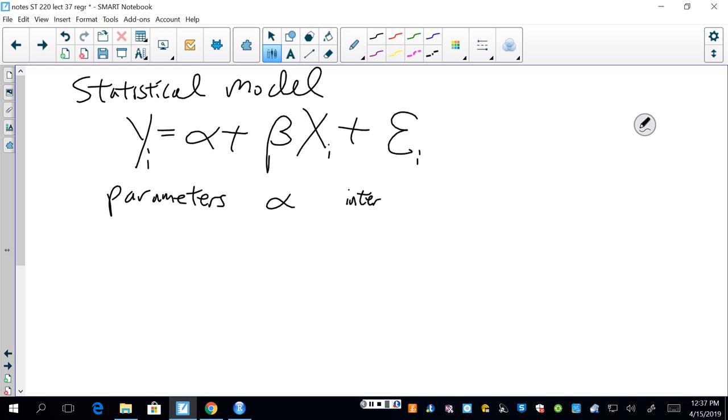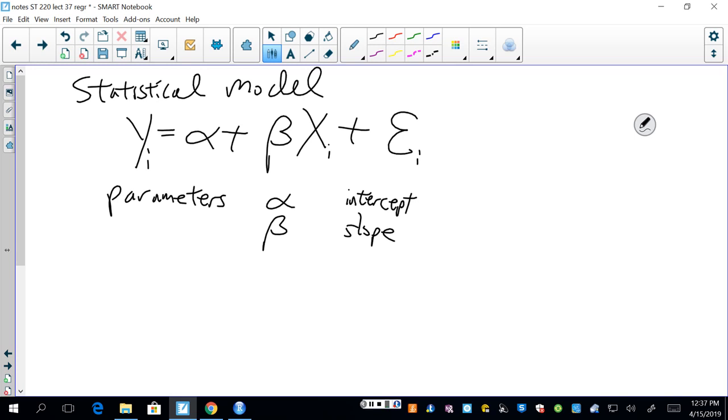They have the same interpretation as the a and b. x is the values of the eruption times, y is the waiting times again, and there's an intercept and slope, these unknown parameters. So if we knew the true chemical, physical process going on and knew alpha and beta, we would know what the real relationship is. But we only have 272 data points in this case, and so we're estimating that.